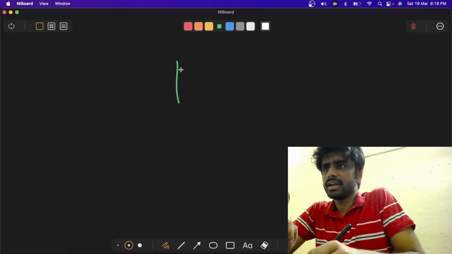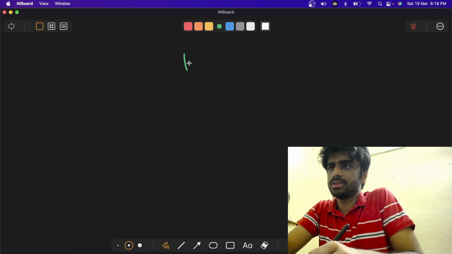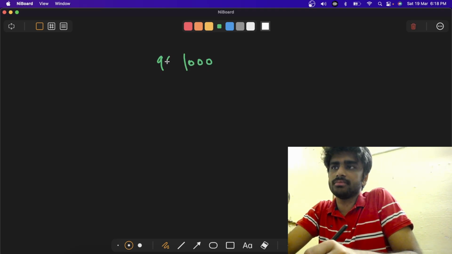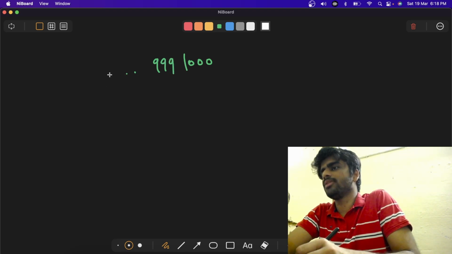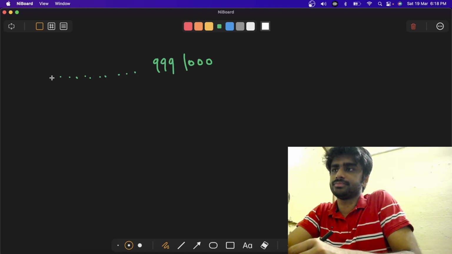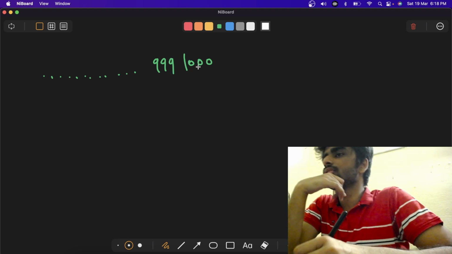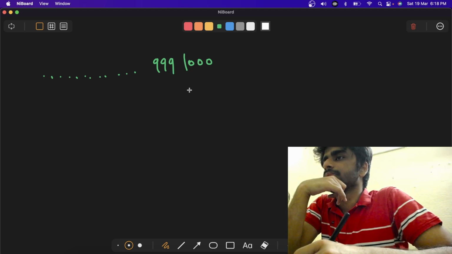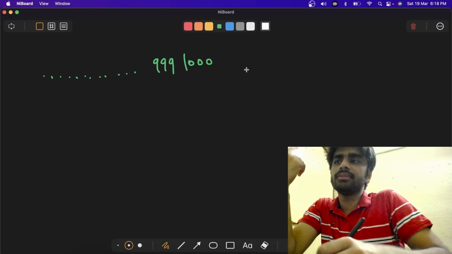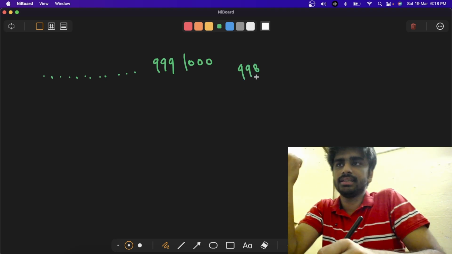So my idea is that if the largest number is 1000 and the second largest number is 999, and I don't care what the other numbers are, I know for sure that at some point we will definitely have 998 in the array.